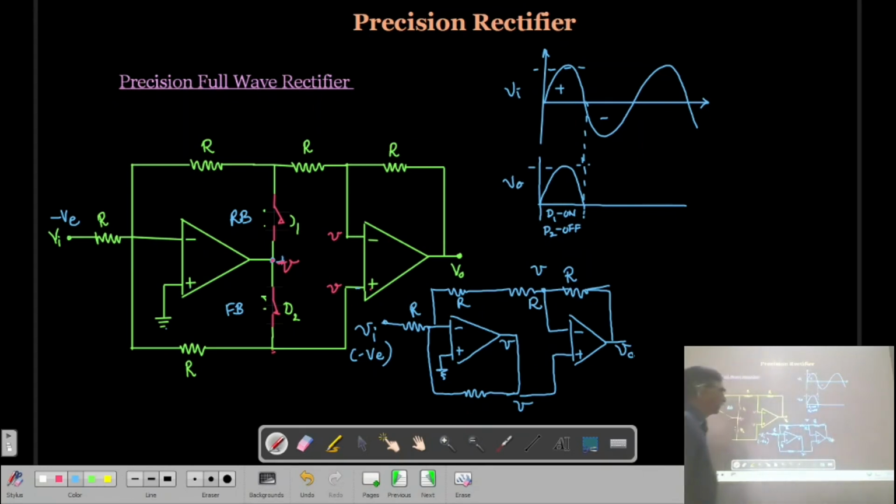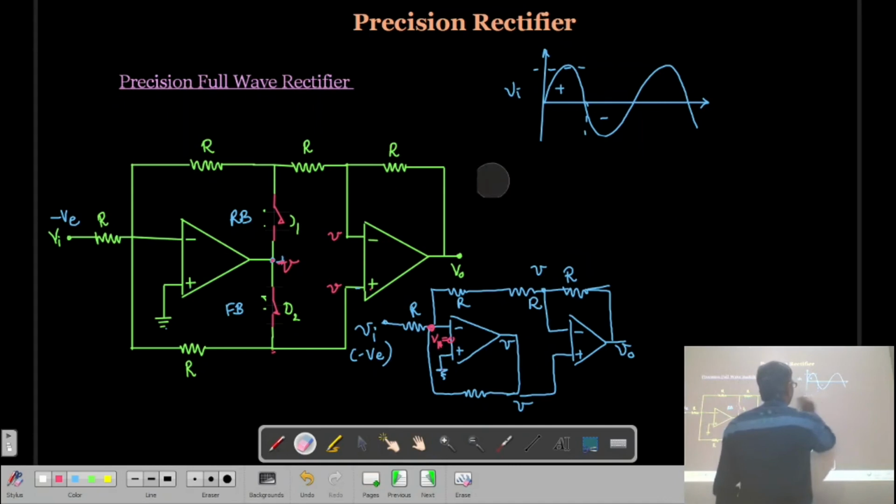So, to calculate this, we have to consider this point. Now, the non-inverting terminal is connected to ground, which means this inverting terminal potential is 0. So, let us rub out all these things.